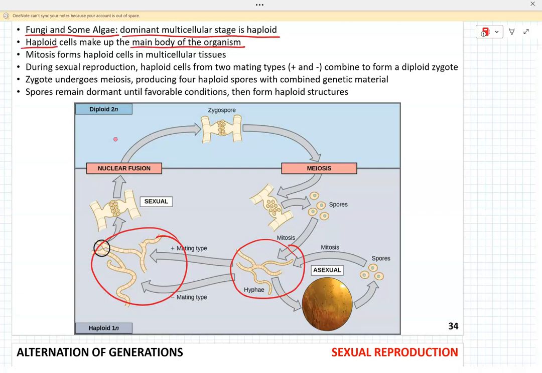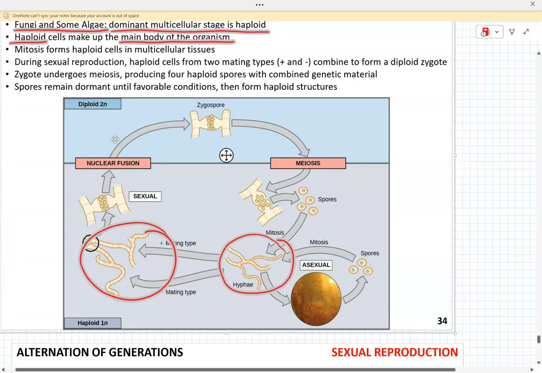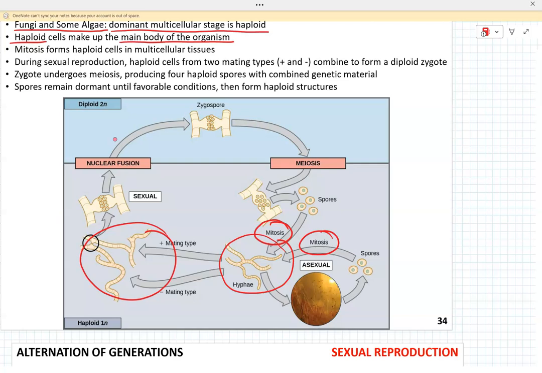For instance, mycelium of fungi. Now, in order to form these multicellular tissues, the process of mitosis is utilized. Mitosis can be used for both haploid and diploid cells.